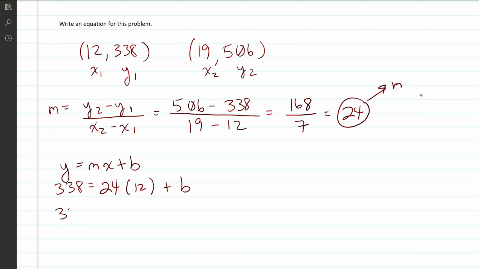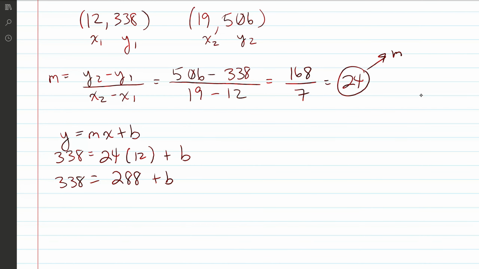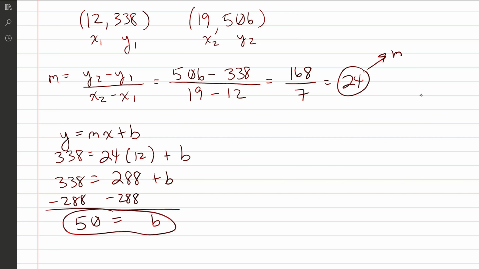So we get 338 is equal to 24 times 12. That product gives us 288 from my calculator. And now I need to just solve for b. To get b by itself, I'm going to remove this 288 from this side and take it to the other side. And then b is going to be 50. So now that's my y-intercept.